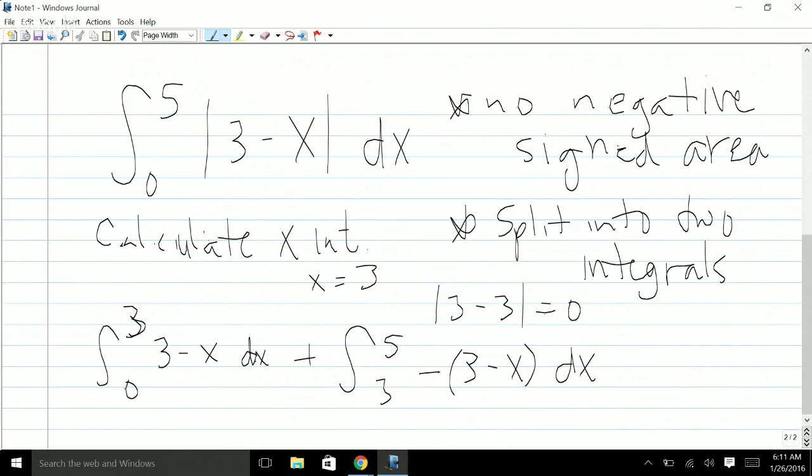All right. I am going to put a new page up, but I'm going to rewrite that without that negative in front. There are two ways to do it. I can either distribute, that's perfectly reasonable, or I can put it outside and make that a subtraction. Your pick.